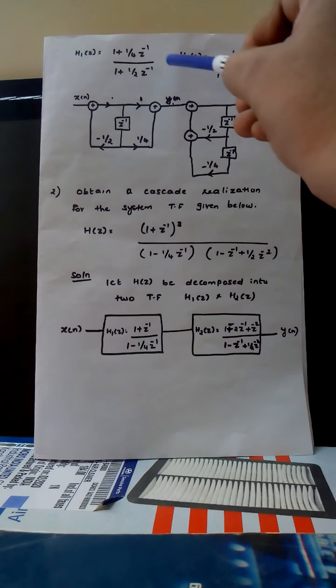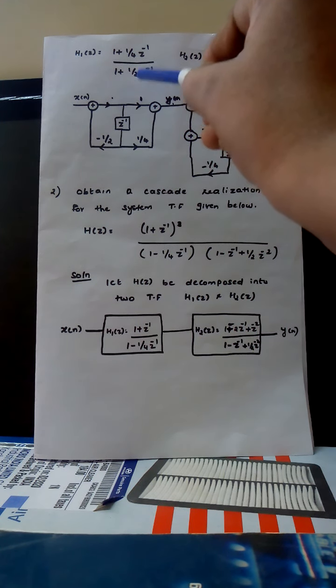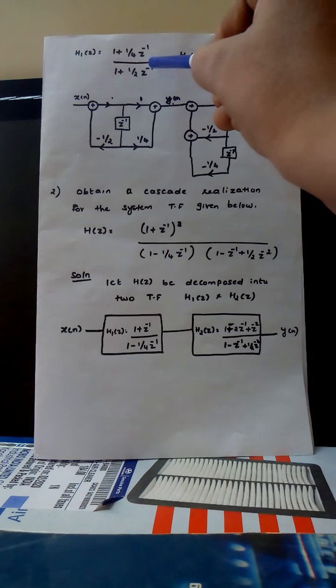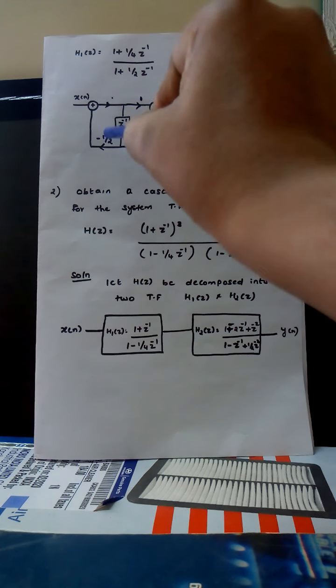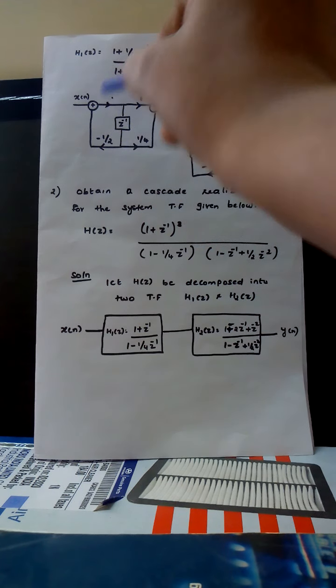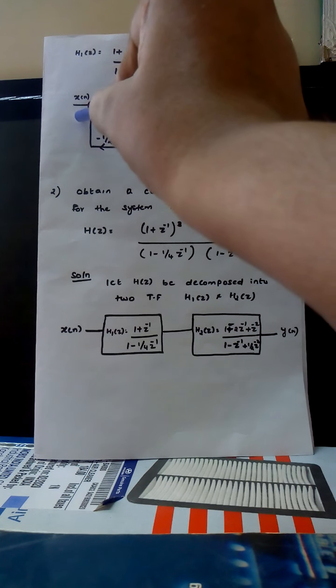In direct form 2, for the output term we have to do the sign change. Here it is a plus, so here you have to take it as a minus, correct? So 1 by 2 is multiplied with z to the power of minus 1. Already we have drawn this one shifting operator, so that is multiplied with, it is a plus, we have to take it as a minus 1 by 2. If you are adding, this is your x of n.